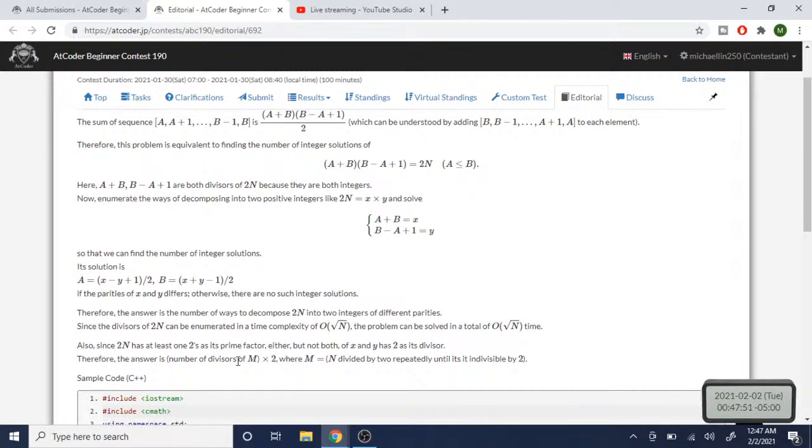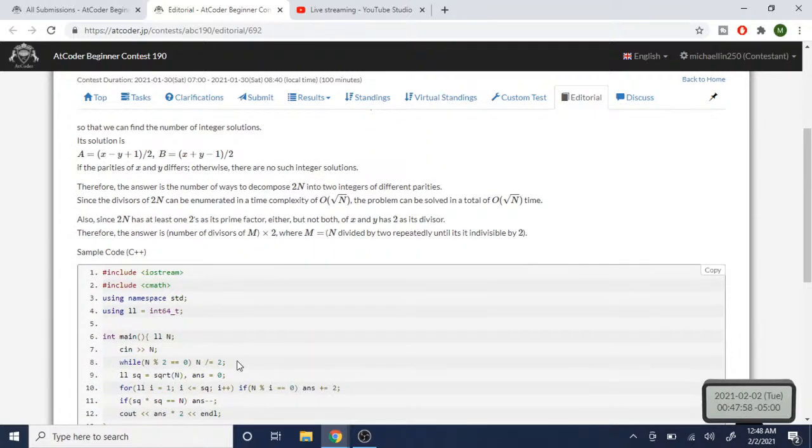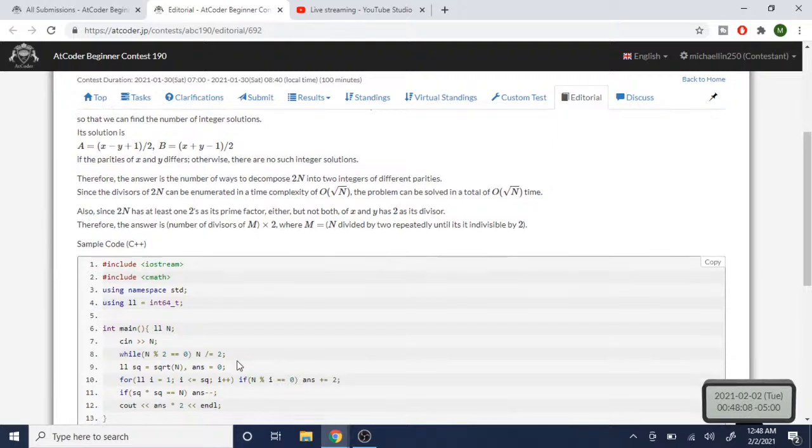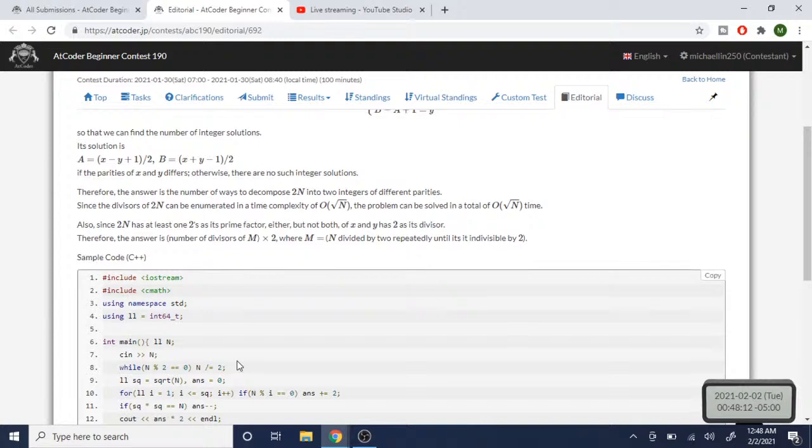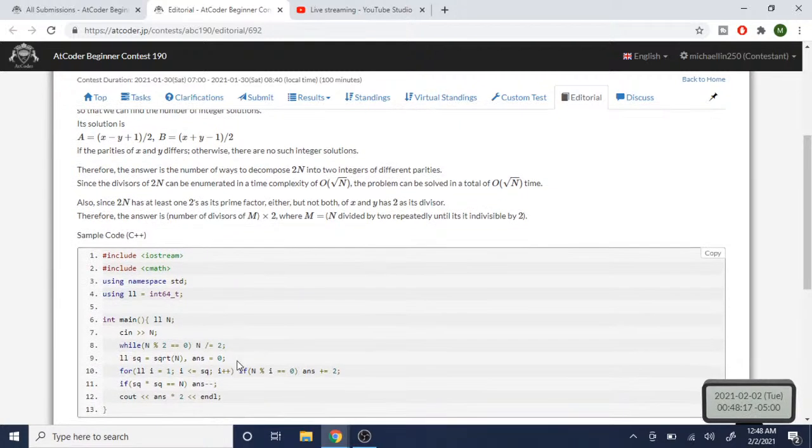Since 2n has at least 2 as its prime factor, either but not both, x and y has 2 as its divisor, therefore the answer is number of divisors of m times 2, where m is equal to n repeatedly divided by 2 until it's indivisible by 2. I don't understand. Why do you do the answer minus minus? What is this part for?